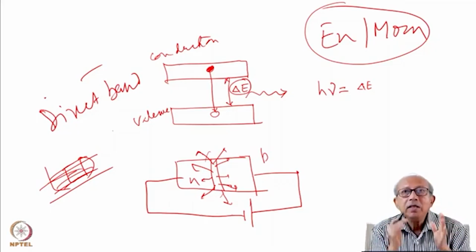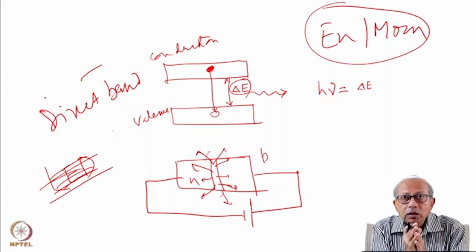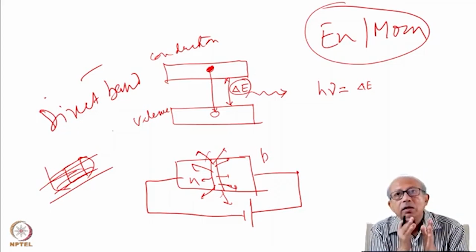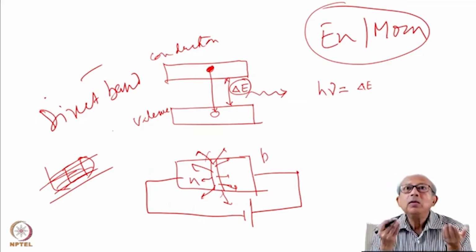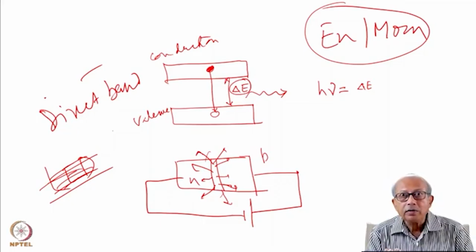And if there is population inversion, and if you can integrate this population inverted medium in a cavity, then there is a possibility that you will generate coherent light.